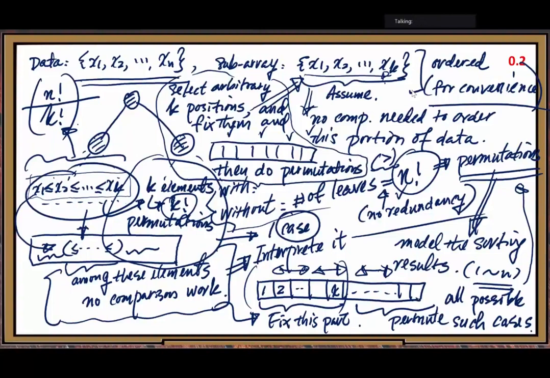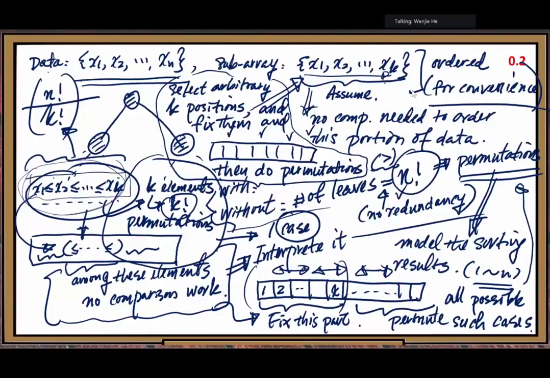So that's the way. If we draw a decision tree, we will not have the same n factorial number of leaves.